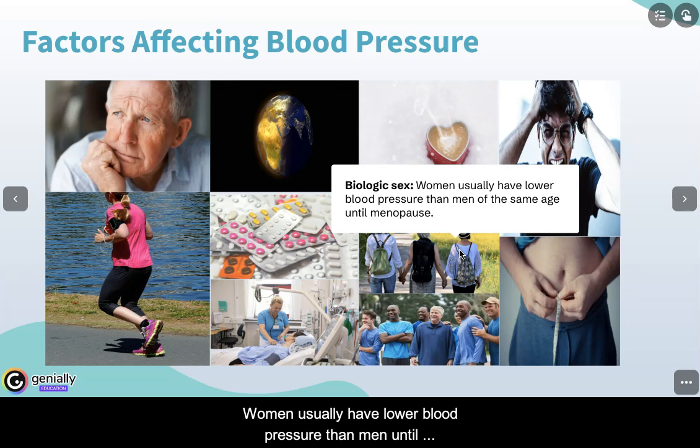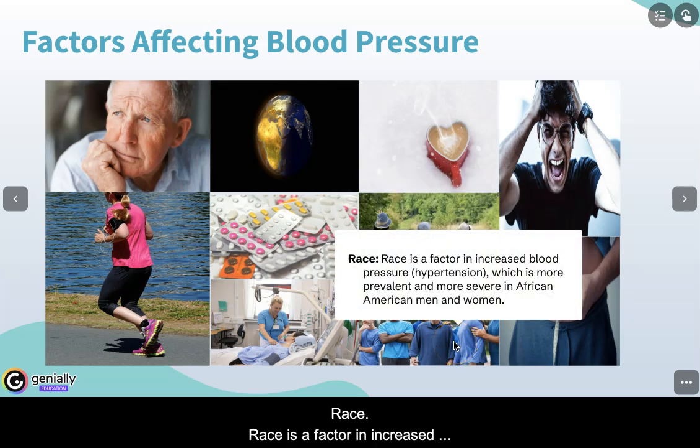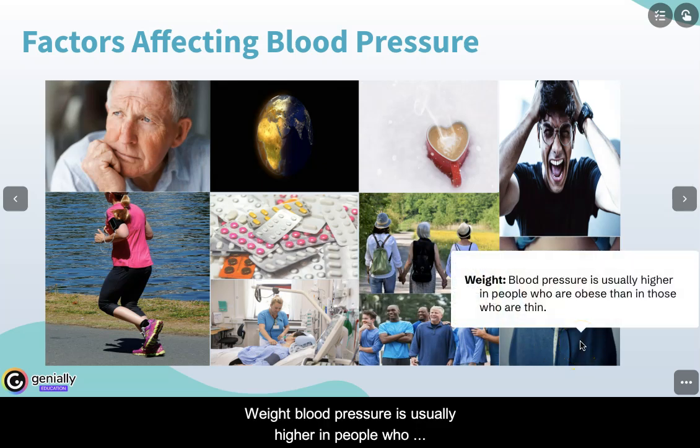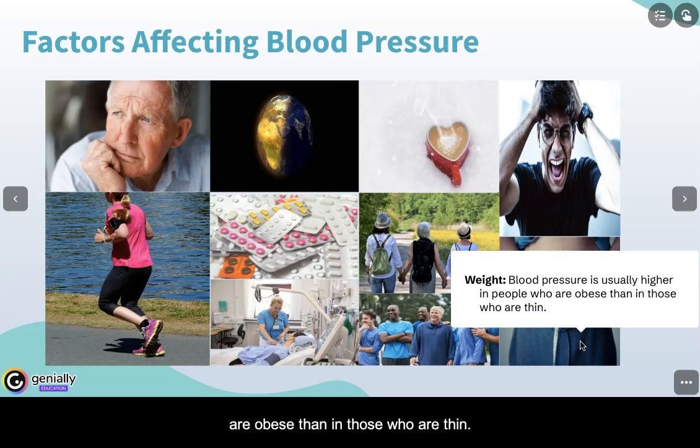Women usually have lower blood pressure than men until they reach menopause, when their blood pressure increases. Race is a factor in increased blood pressure. It's more prevalent and more severe in African American men and women. Weight. Blood pressure is usually higher in people who are obese than in those who are thin.